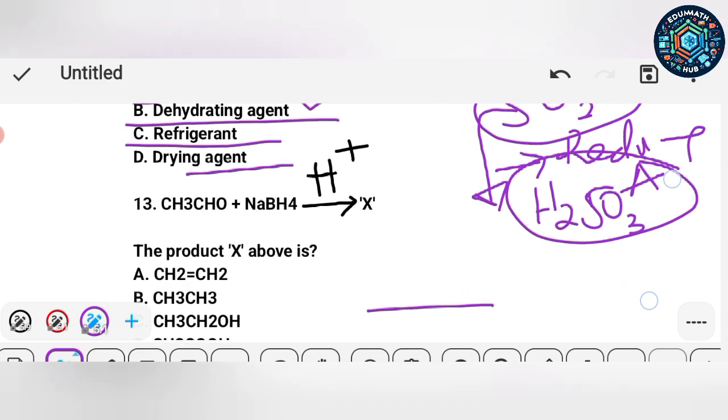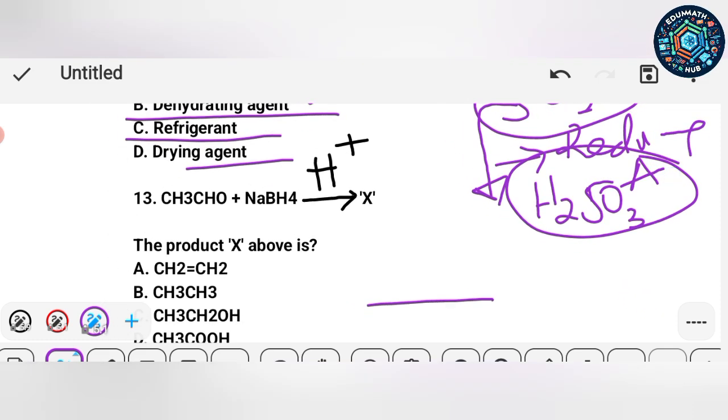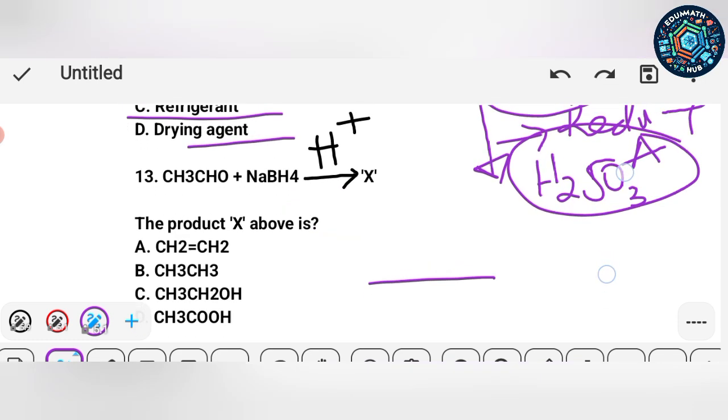Now for the next one, we have CH3CHO plus NaBH4 under an acidic medium. You can see H plus there. It produces a compound X. So you are told, what is the product X above? What is X? That's what they are trying to ask us here.